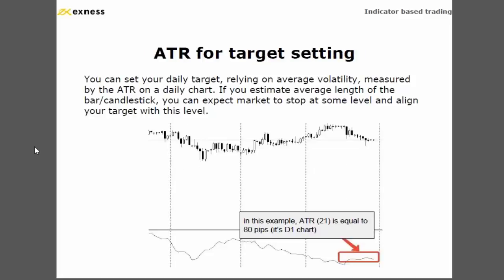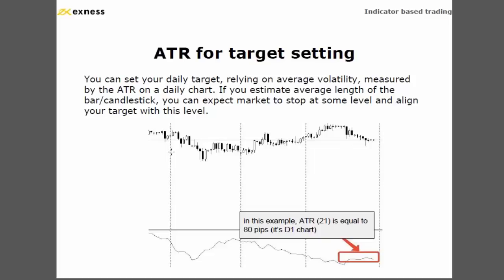The second application for ATR is target setting. You can set your daily target relying on the average volatility measured by the ATR on a daily chart. For example, if you estimate the average length of the bar or a candlestick, you can expect the market to stop at some level and align your target with this level.